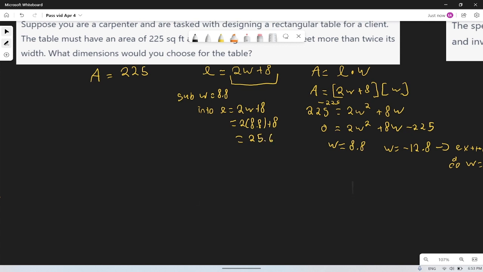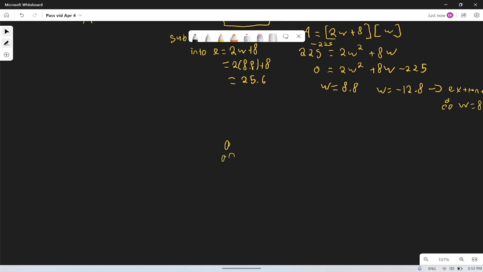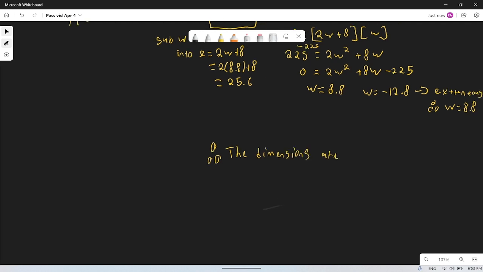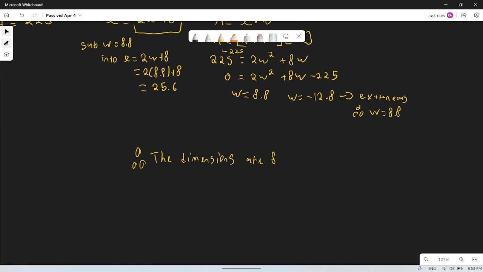So now we have the dimensions, and therefore the dimensions are 8.8 feet wide by 25.6 feet long.